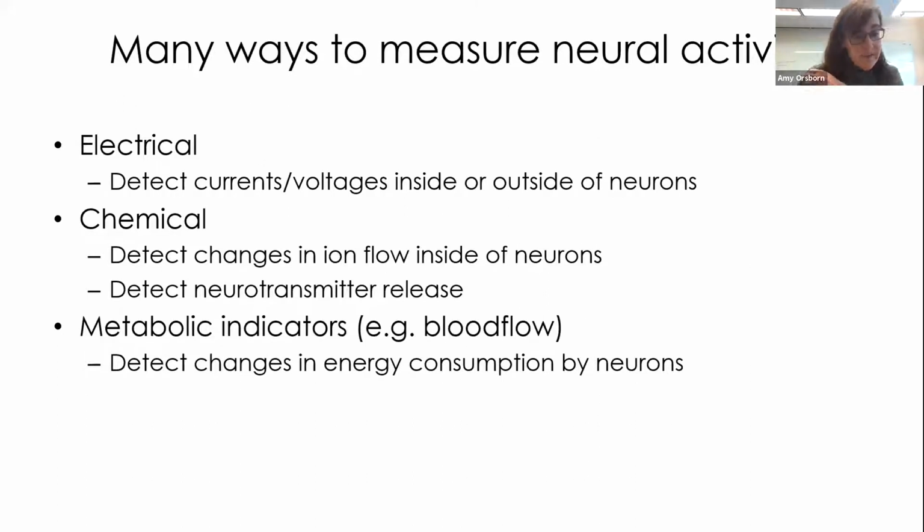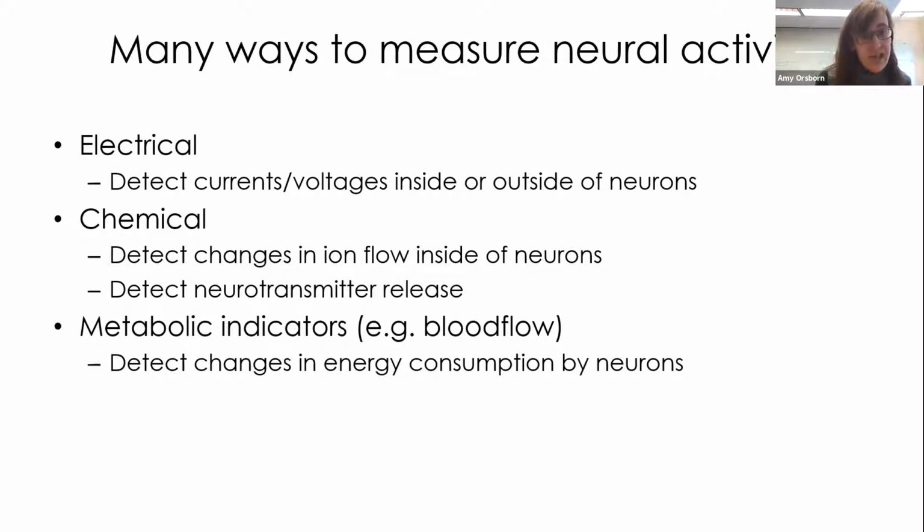And then, of course, because neurons are cells, there are also metabolic indicators of neural activity. For instance, blood flows more to areas where neurons are firing quite a bit because they're consuming energy. If you've ever heard of functional magnetic resonance imaging, that's actually what those scans are detecting.